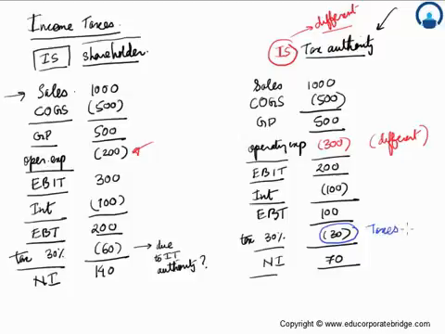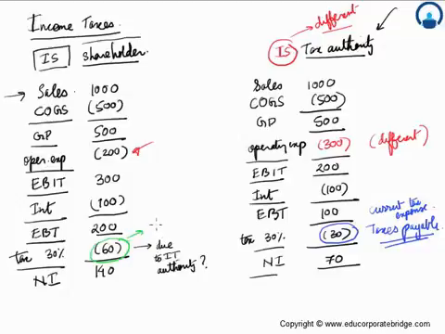So this becomes taxes payable. This is the amount of taxes that is due in the current year, and this is also called current tax expense. So please note that it is different from what we have looked at from the shareholders' point of view. This is not the taxes payable.